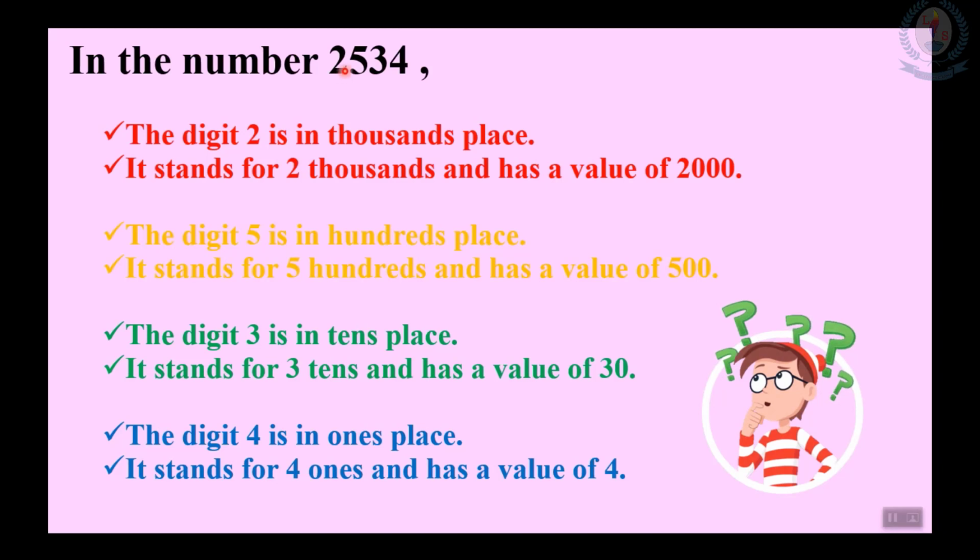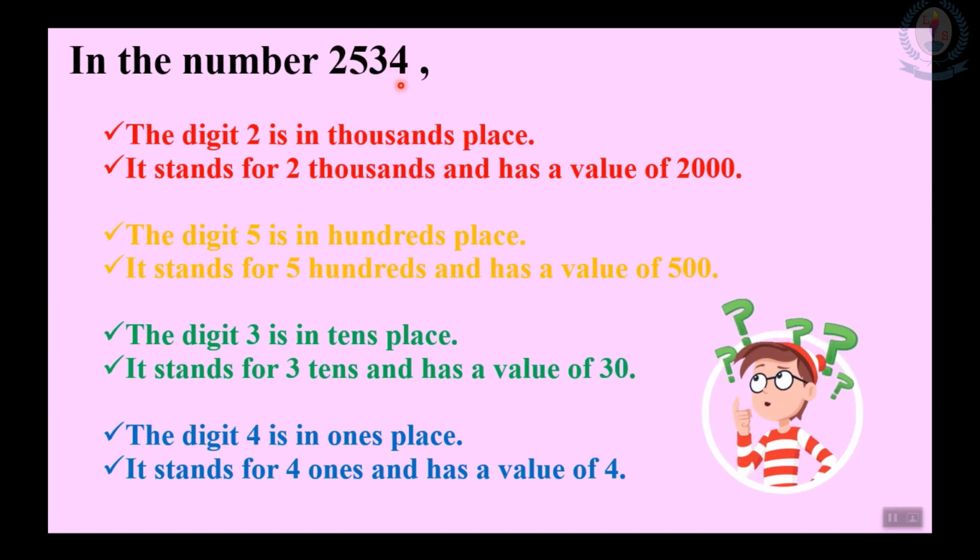Here I am taking this value as an example. This is 2534. In a number, the right hand side first digit shows ones. The second digit shows the tens place. The third digit indicates the hundreds place. The fourth digit shows the thousands place.